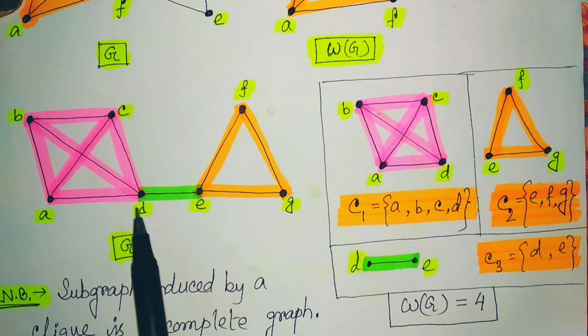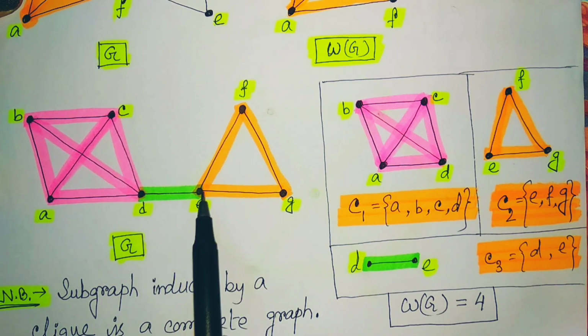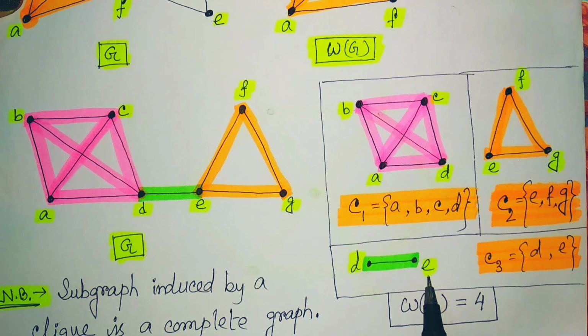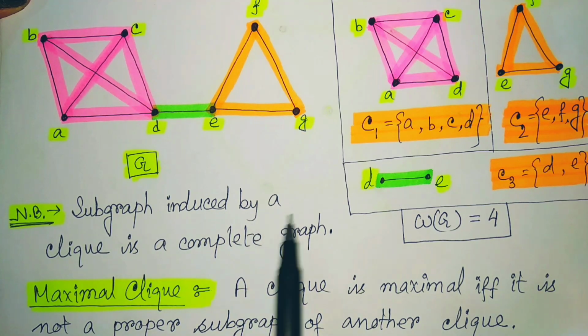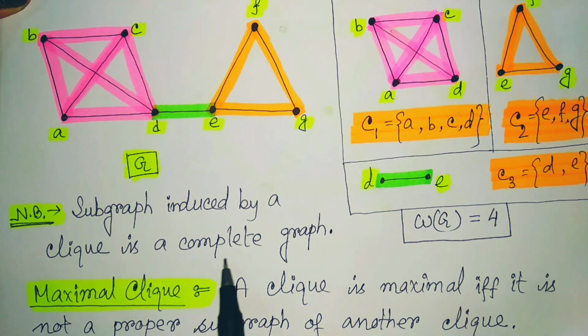Not only these two, but if we consider only D and E, then it is again a clique. So here we should remember that the subgraph induced by a clique is a complete graph.